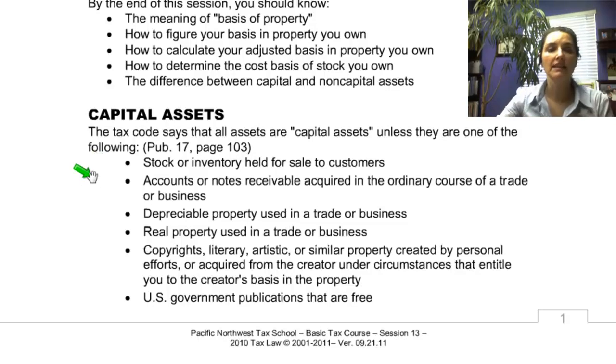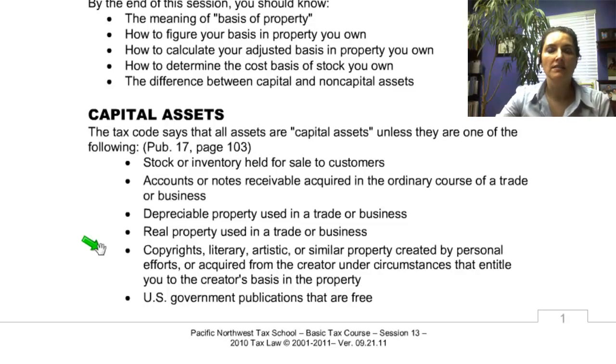Also not a capital asset is accounts or notes receivable acquired in the ordinary course of a trade or business, depreciable property used in a trade or business, real property used in a trade or business, copyrights, literary, artistic, or similar property created by personal efforts or acquired from the creator under circumstances that entitle you to the creator's basis in the property. So what this means is, let's just suppose that you're a musician and you compose a song.